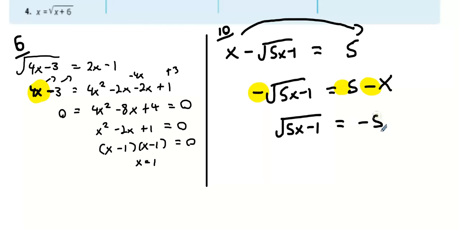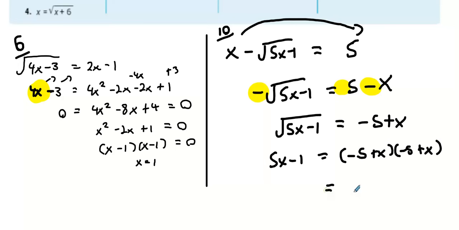Now, lads, you're at the stage where you can take this question over now. Okay, gents. Square both sides, you get 5x minus 1. Time for people to be quiet now, please. Okay, I'm going to multiply this out twice. When I multiply that out, I'm going to get 25 minus 5x minus another 5x plus x squared.